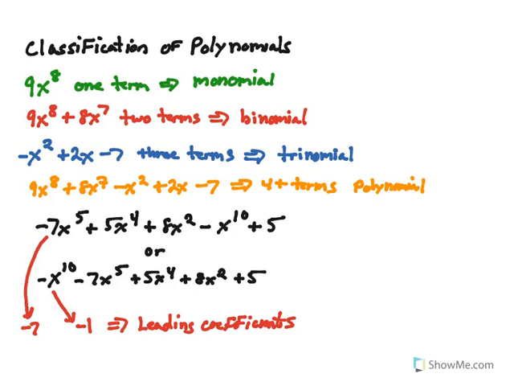And that is the highest exponent. So the leading coefficient will be to the left of the variable of the highest exponent. So the variable x, right, to the left of that is -1, and the highest exponent is 10. So the leading coefficient of that polynomial is -1. The one on top, the highest exponent is 5. So the leading coefficient of that x to the 5 is -7. So those are examples of leading coefficients.